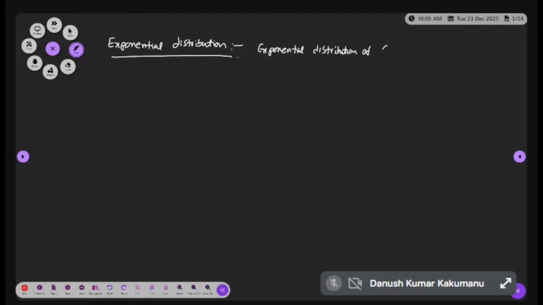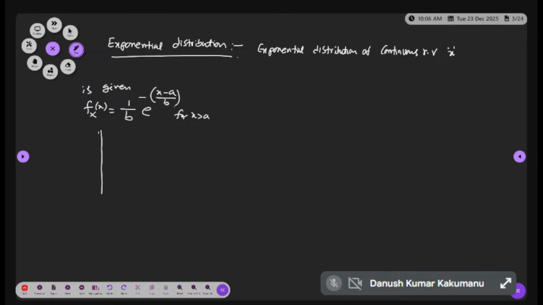Exponential distribution of a continuous random variable x is given by f of x is equal to 1 by b e power minus of x minus a by b, for x greater than a.